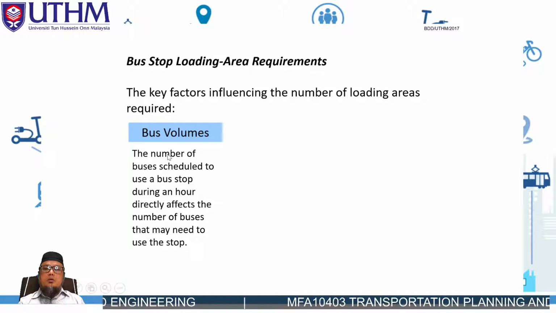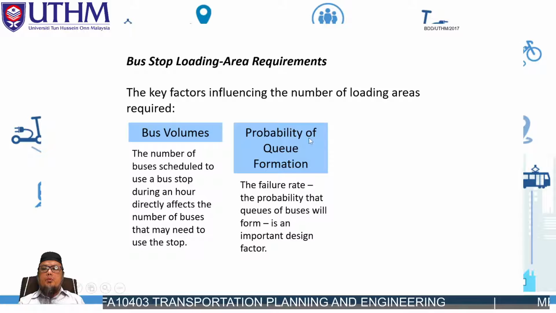So it means if we have a frequent number of buses, it may affect the time needed to stop at each bus stop location. Okay, the probability of queue formation, or failure rates, the probability that queues of buses will form, is an important design factor as well.